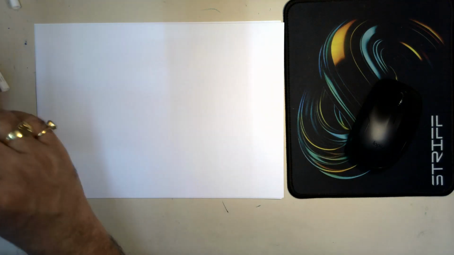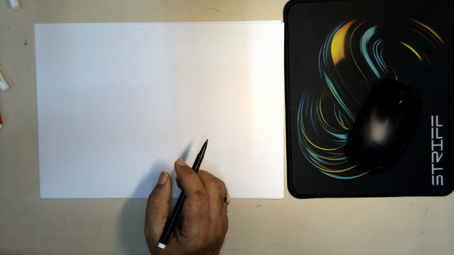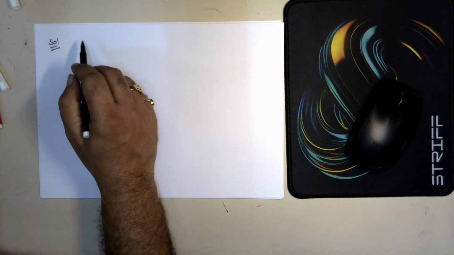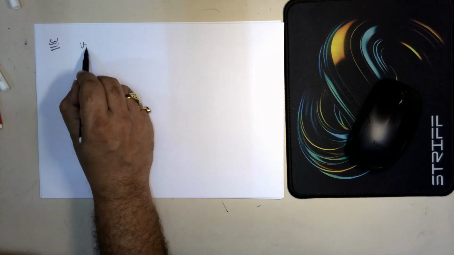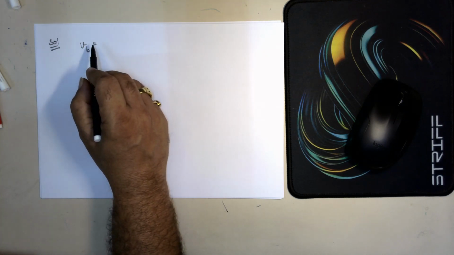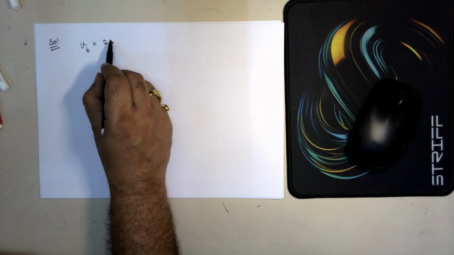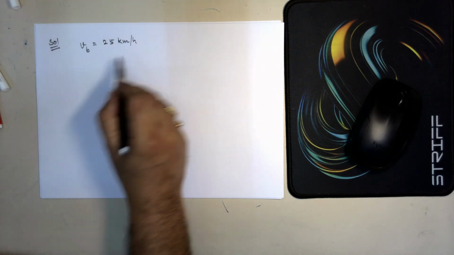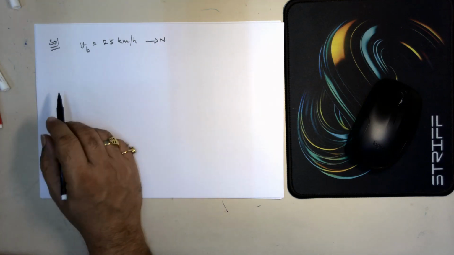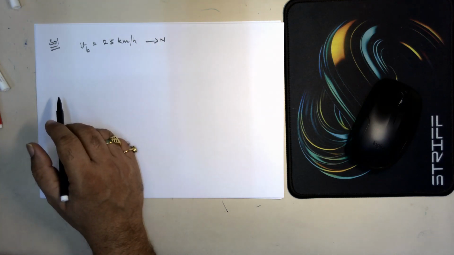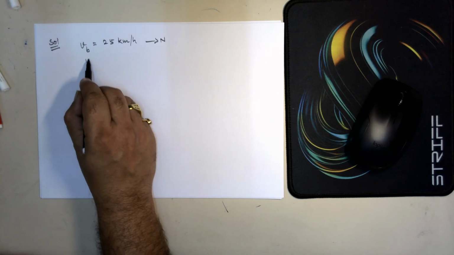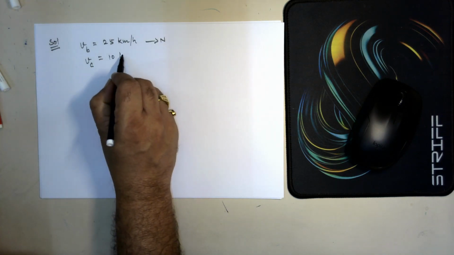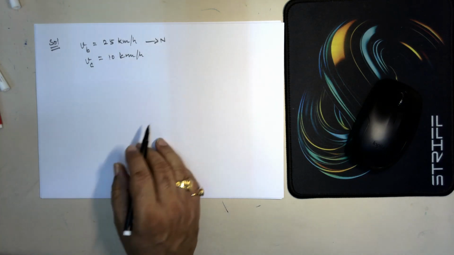We have to find out the resultant velocity of the boat. Take down the solution. What is the velocity of the boat? Let us represent this by VB, 25 kilometer per hour, right? This is towards north. And what is the velocity of current? Water current, we can say VC, is 10 kilometer per hour, right?